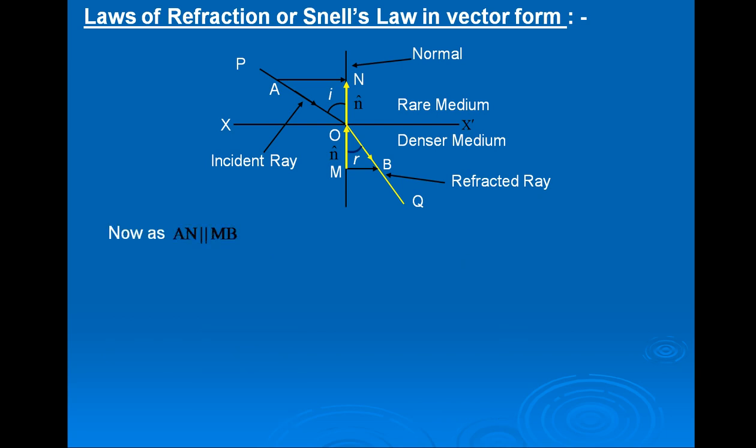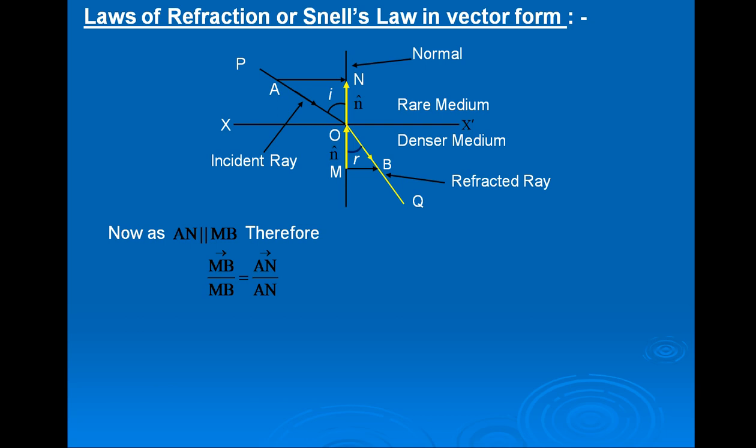Now as AN is parallel to MB, therefore MB vector upon magnitude MB, the unit vector along MB, is equal to AN vector upon AN magnitude, the unit vector along AN. They must be equal.